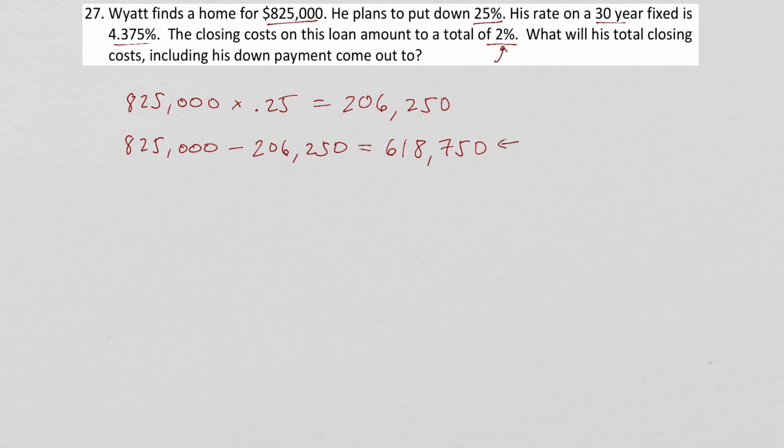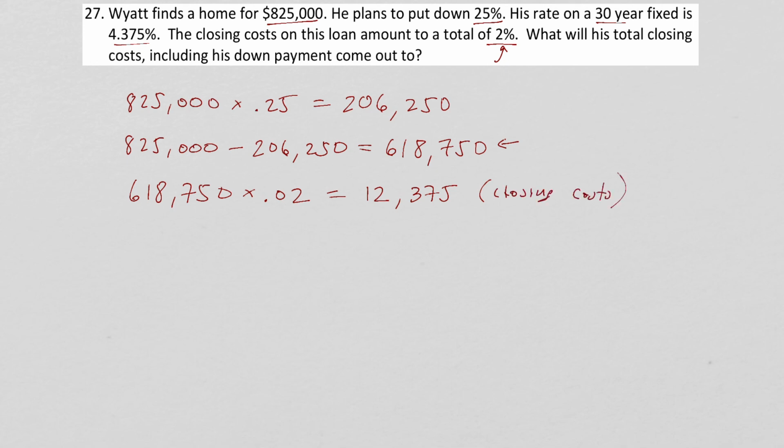So we're going to pay points off of that amount. So the points are $618,750 financed times 2%, and this comes out to $12,375. These are your closing costs.